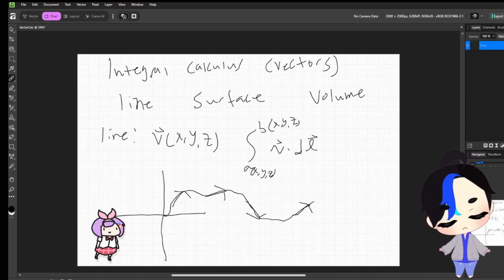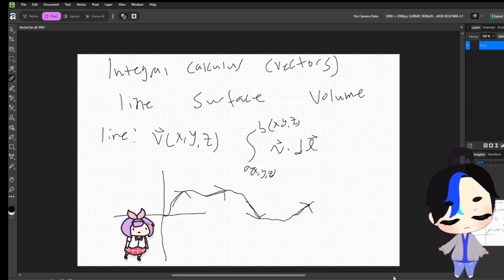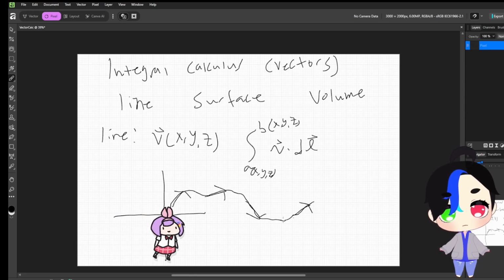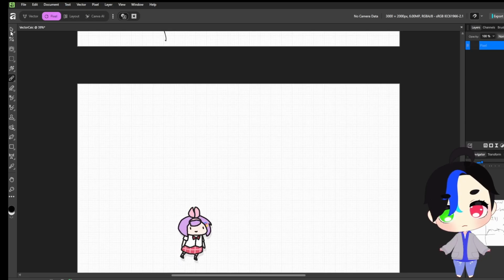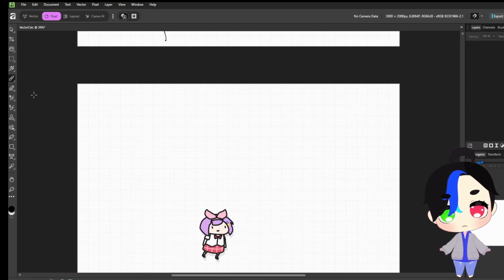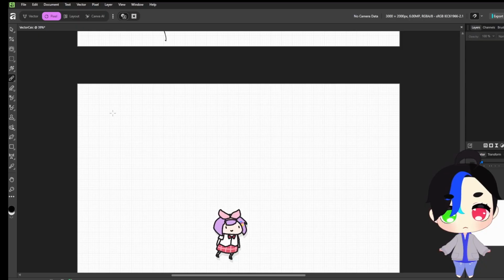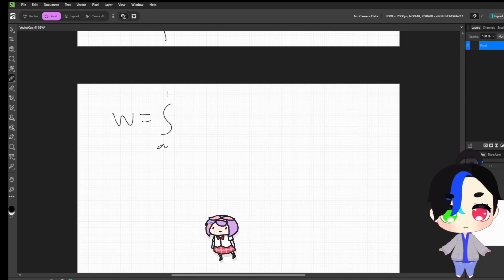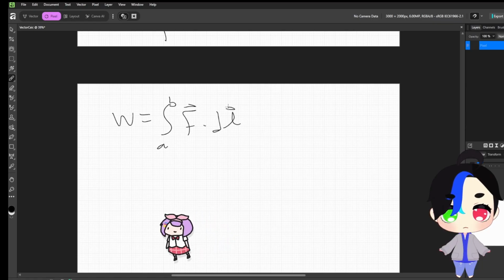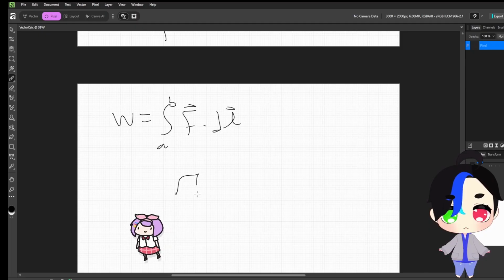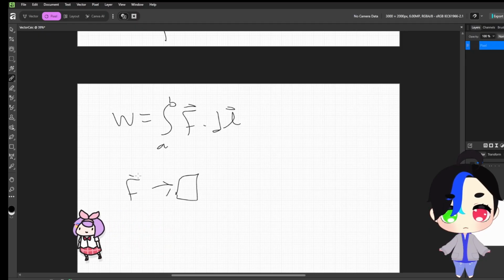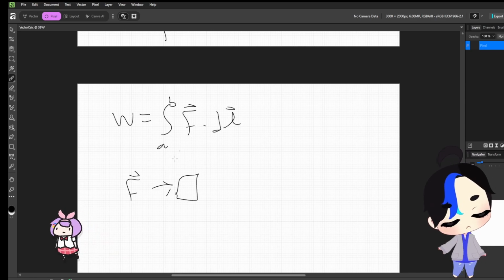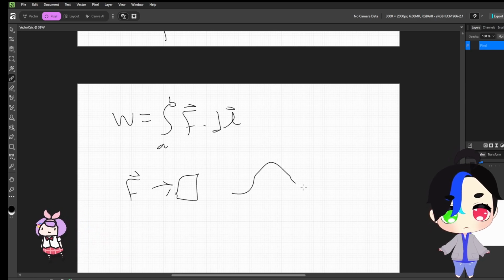That's important. This is good because I can mention a physics example. Work is defined as the line integral from A to B of the force over a given path. If you push a block with some force F, then the amount of work you exert on this block is going to depend on the path you take.